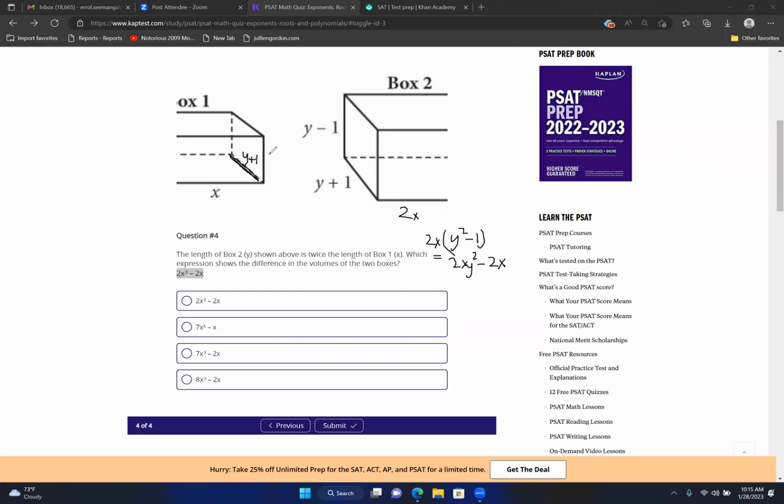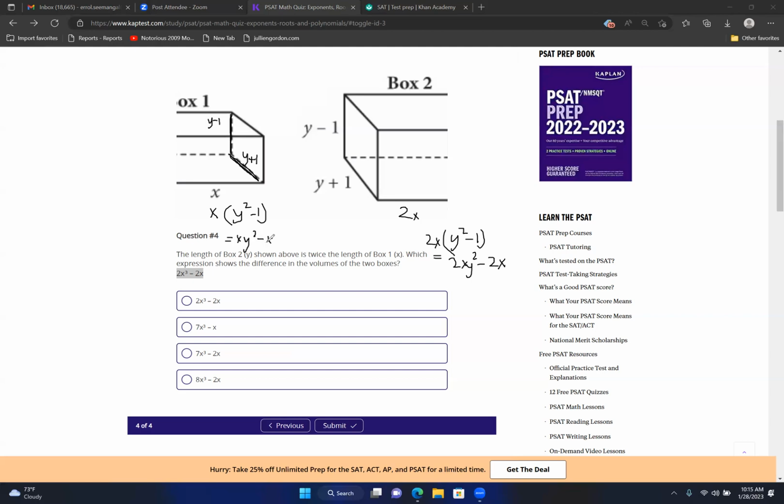The height is y plus 1 or y minus 1. So this distance right here is y minus 1. If we multiply those two numbers together, we'll get the same thing as right here: y squared minus 1 times x on the front. What's the volume of this one? xy squared minus x. Yep.